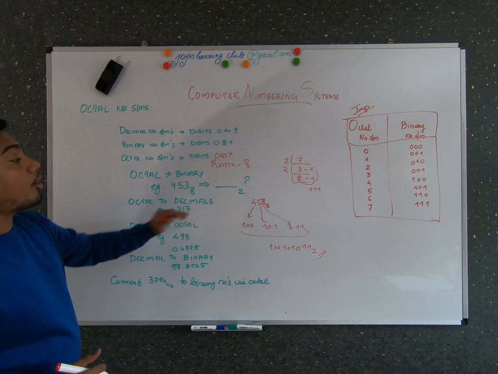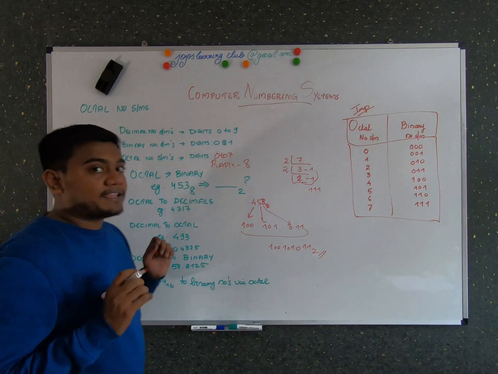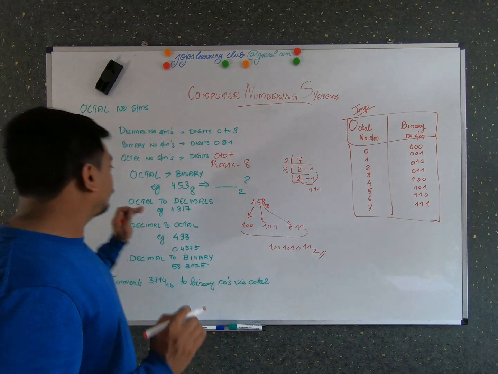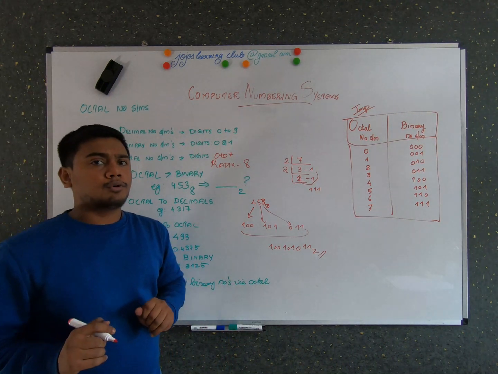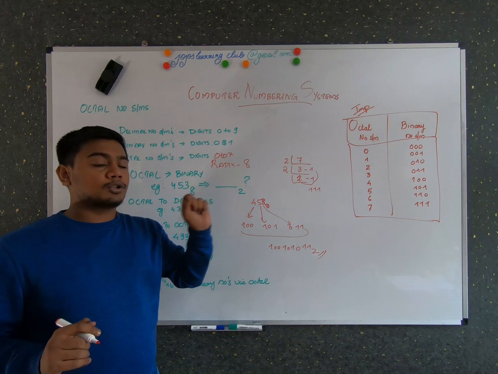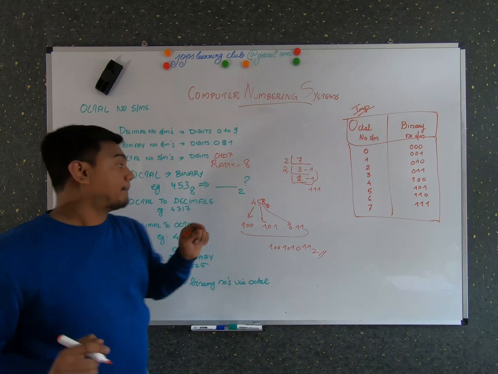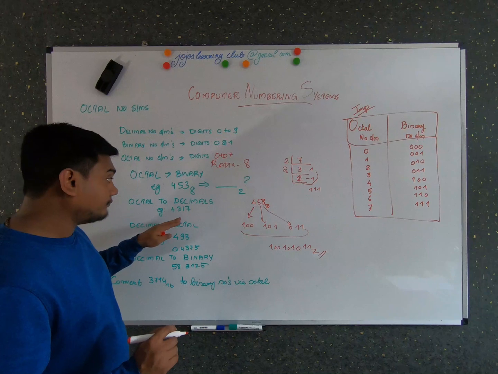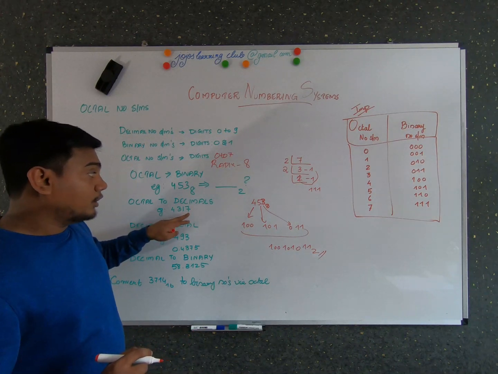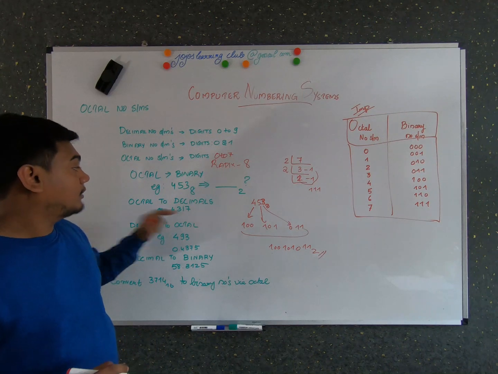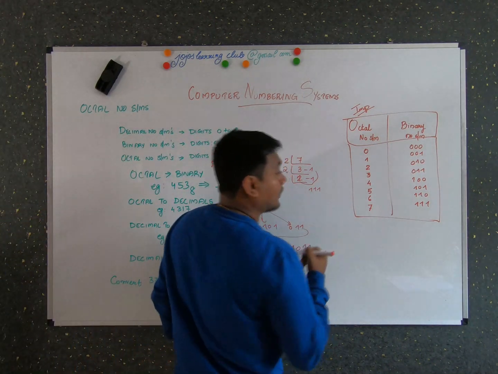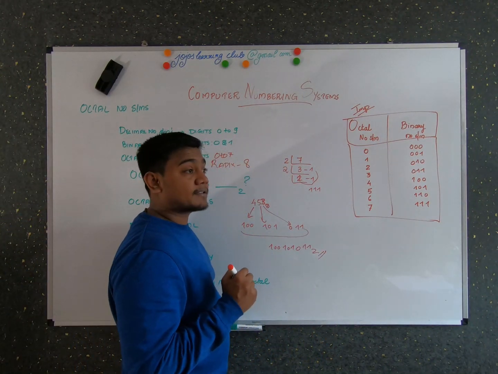So first, octal to decimal. Before that, please recollect what you did when you wanted to convert a binary number to a decimal number. You multiplied each digit, starting from the right, by its base raised to a power. So here, what is the base of octal numbers? 8.